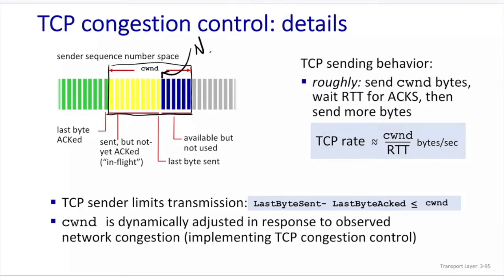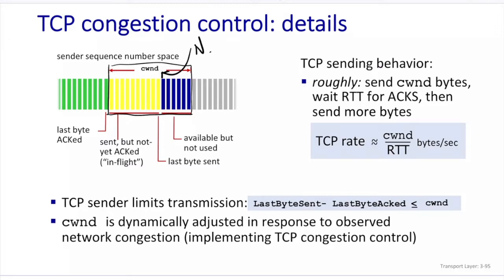If you have a larger N, which means you have a larger congestion window, you can send more in-flight packets, which are the yellow packets, to the network. But if you have a smaller N, which is a smaller congestion window, you have fewer in-flight packets on the internet.